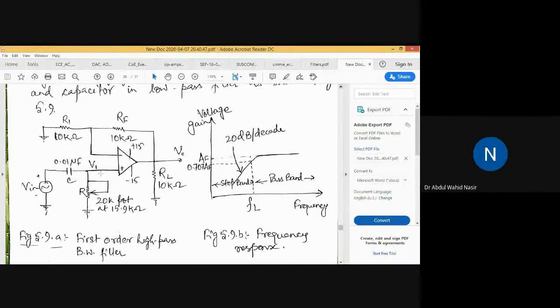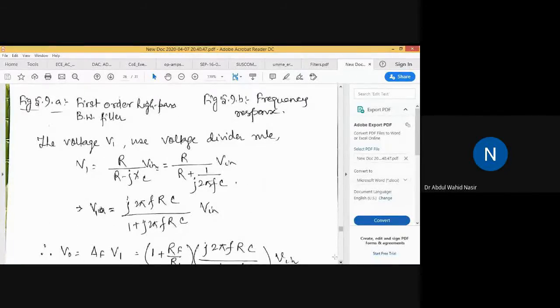We can write V1 as R divided by R plus minus JXC, since V1 is the voltage across R. As we know, if you draw the reactance triangle of an RC series circuit, we can write the reactance as R minus JXC.